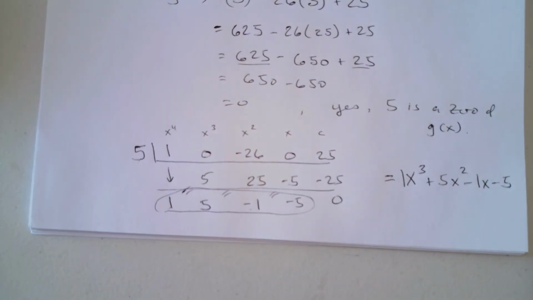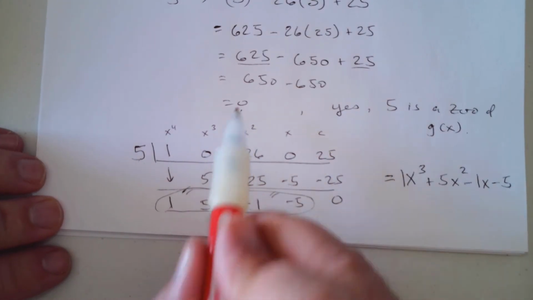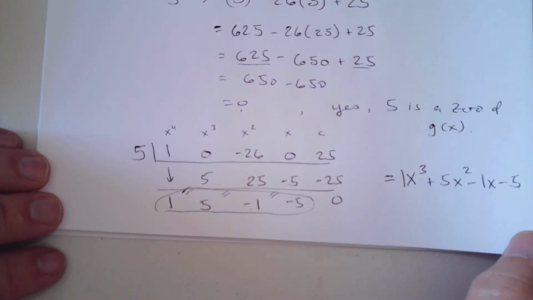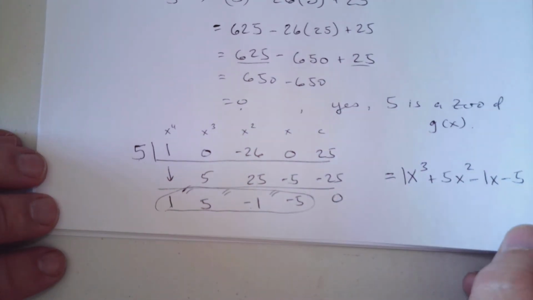Repeat the process as we just did. But all this question asked was, is 5 a 0 of g of x? Unfortunately, it is possible. Here's another example.